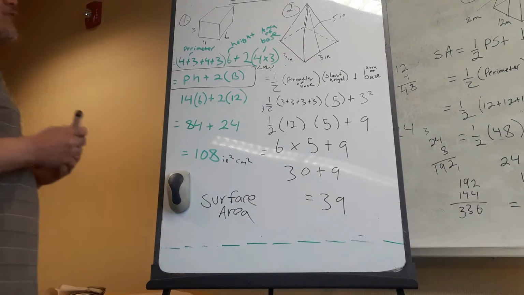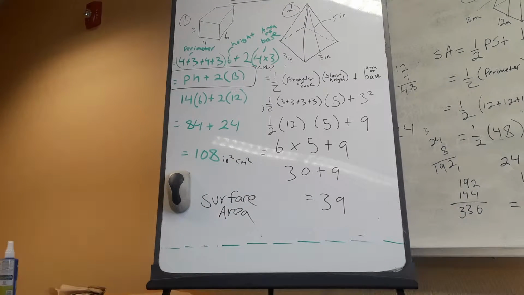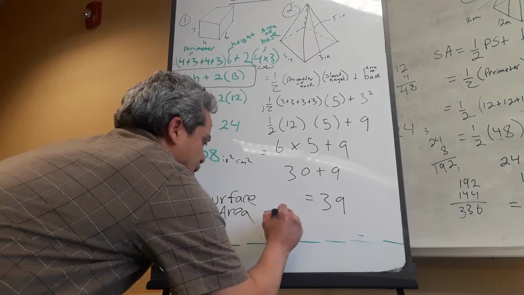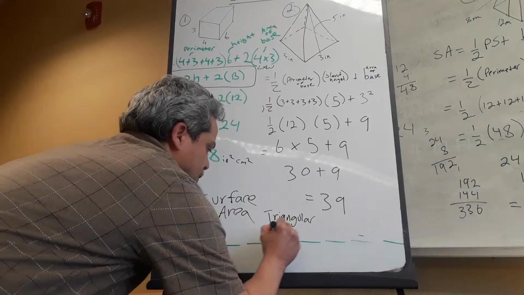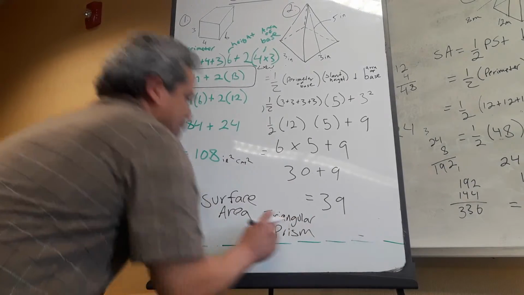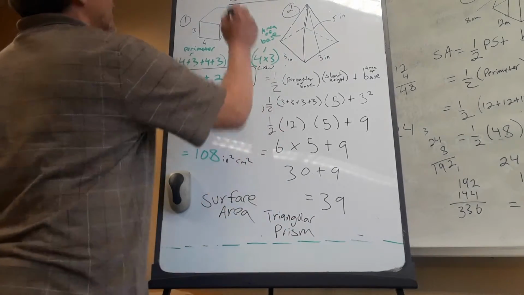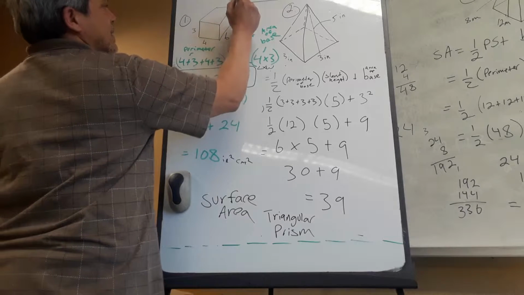of a triangular prism. Okay? Triangular prism. That's a triangular prism. The previous one was a rectangular prism.